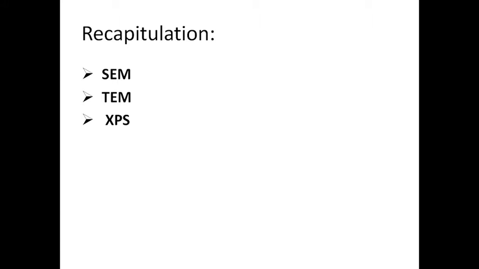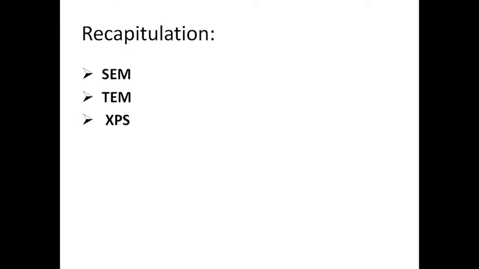The image is shown on a fluorescent screen. In SEM the image is shown on a TV monitor, and in TEM the image is shown on a fluorescent screen, and that image is a two-dimensional projection of the sample.